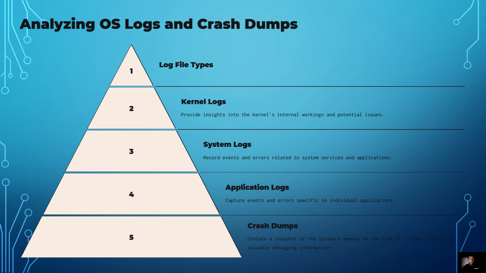System logs record events and errors related to system services and applications. Application logs capture events and errors specific to individual applications. Crash dumps contain a snapshot of the system's memory at the time of the crash and are a valuable debugging resource.